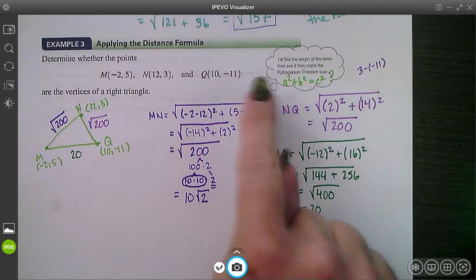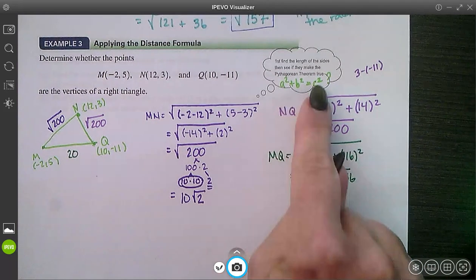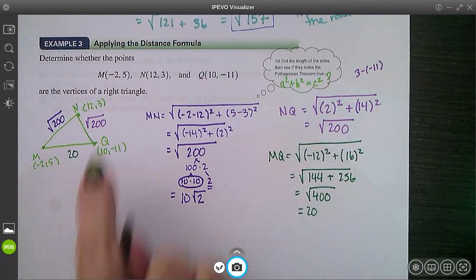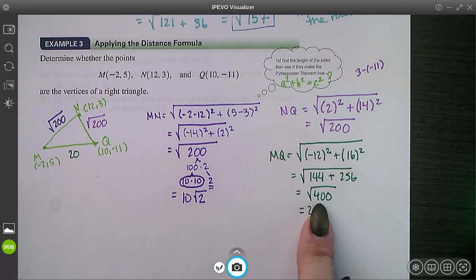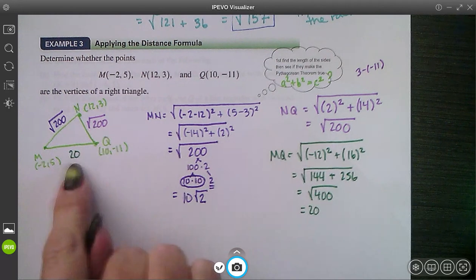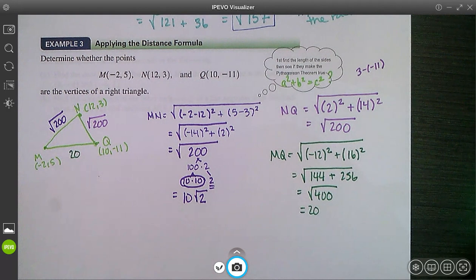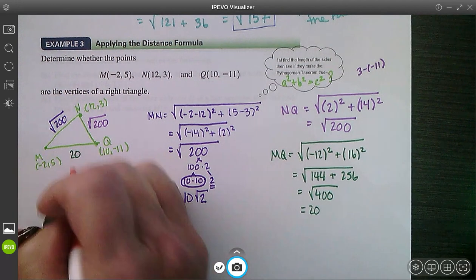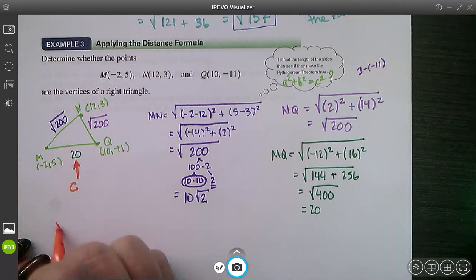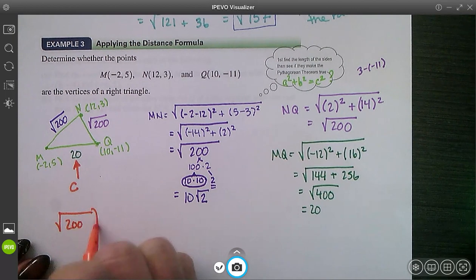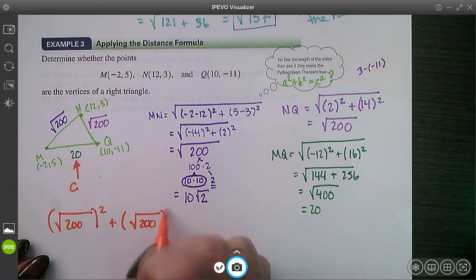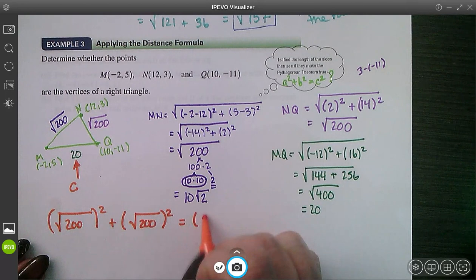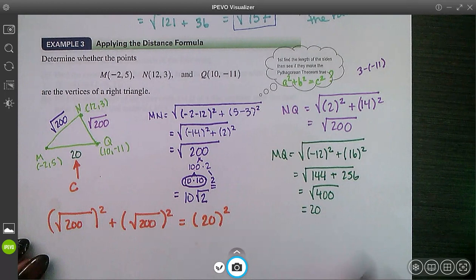In order to check the Pythagorean theorem, I have to know which one is the longest side. Well, the square root of 200 is smaller than the square root of 400. So this 20 would be my C side. So then I'm going to check to see if a squared, square root of 200 squared, plus b squared, square root of 200 squared, is equal to c squared, 20 squared.